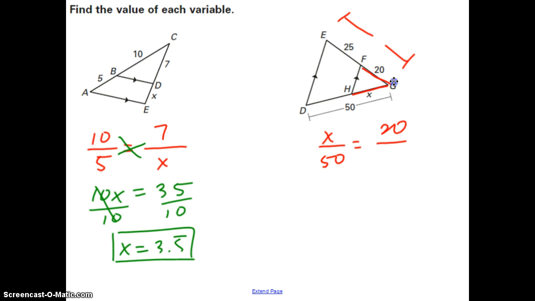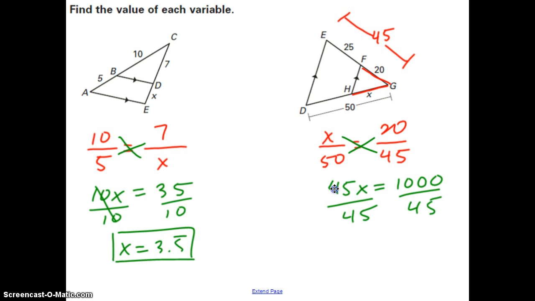And the way we find that measurement is we need to take 20 plus 25 to give us 45. So this is the proportion that we need to set up. Then when we cross multiply, you get 45 times x is equal to 50 times 20, which is 1,000. Then we can divide by 45. And then we have x is equal to 22.5.